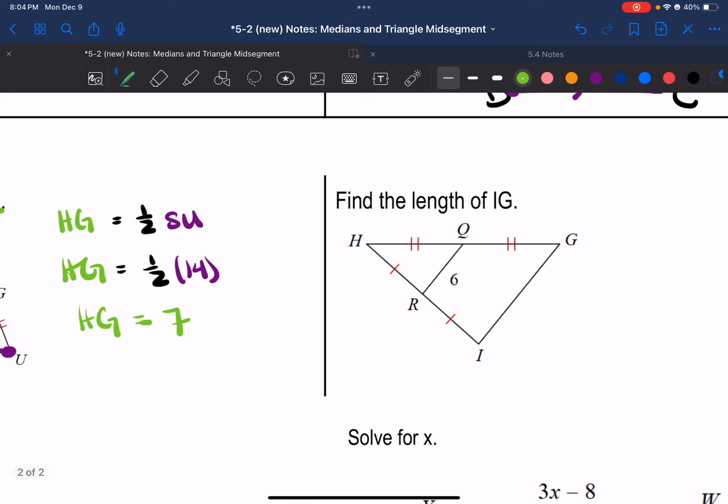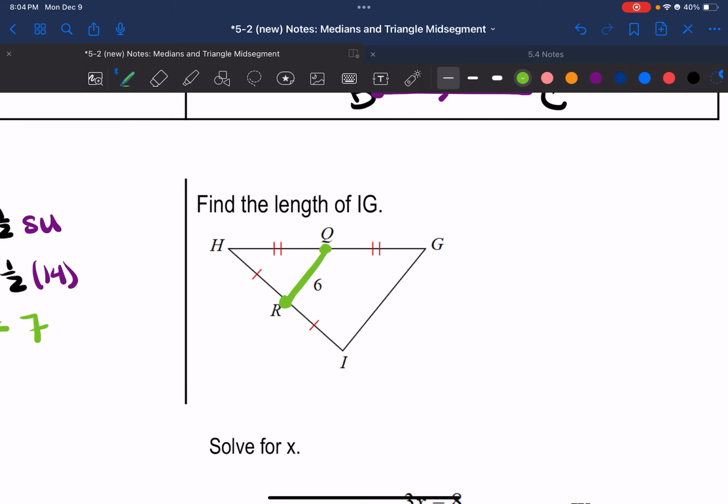If we come over here, we have RQ. Those are midpoints. So we can say that if I double RQ, that is going to equal the side IG. So if I double the side of RQ, 6, that's going to equal IG, not IQ, IG.